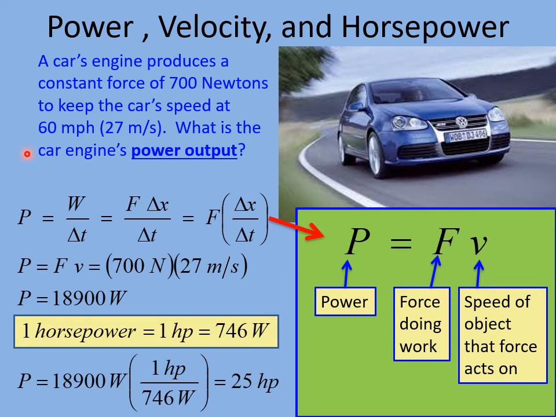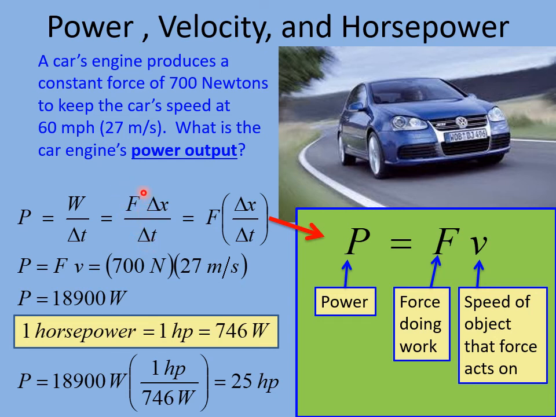Okay, so let's do this a couple different ways. The first way we can do it is we know that power is equal to work divided by the time. All right, so the work done is force times distance. So we have force times, and I'm going to write the distance here as delta x. That's our displacement. And we have force times delta x divided by delta t. Now, we can do a little trick here.